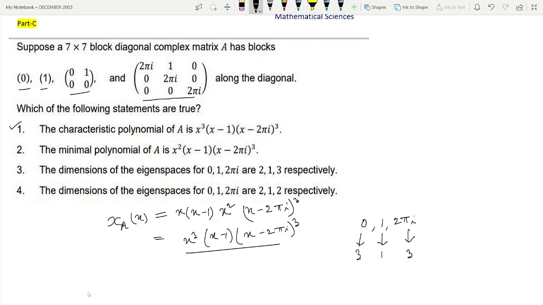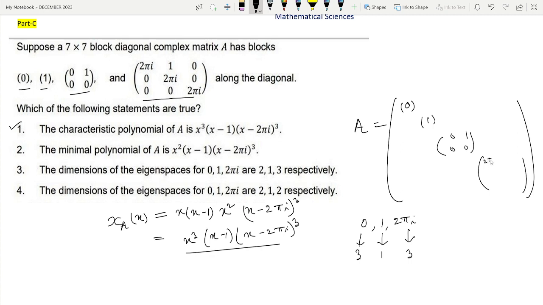Here, we have to find the minimal polynomial of A. So, first see, the matrix A will be a 7 by 7 matrix. The blocks are here like this, 1, this is 0, 1, 0, 0, and then finally this 3 by 3 matrix.